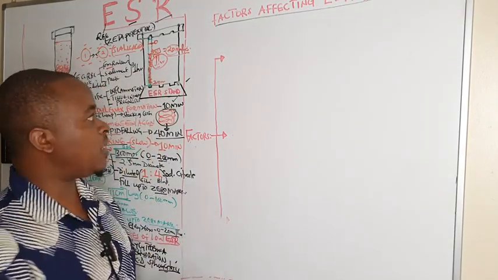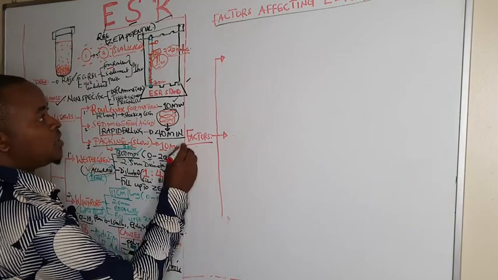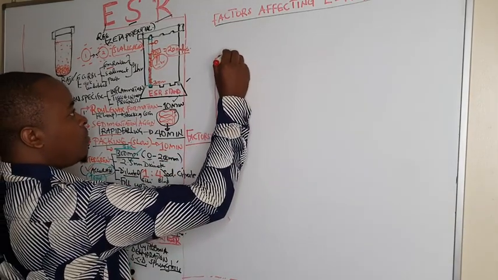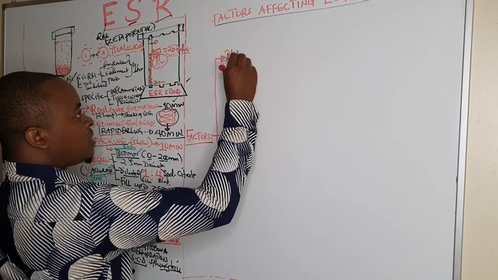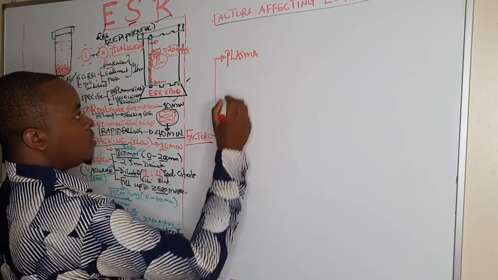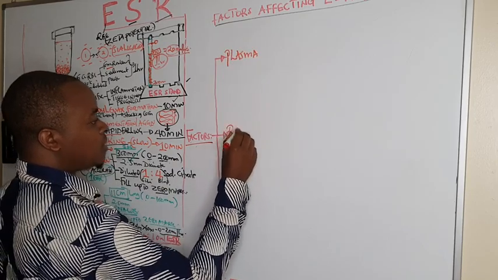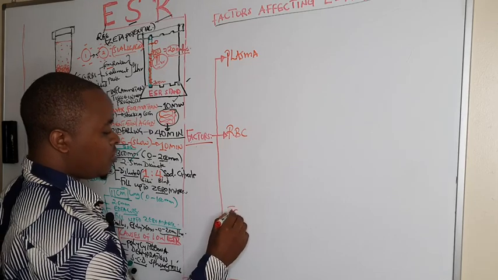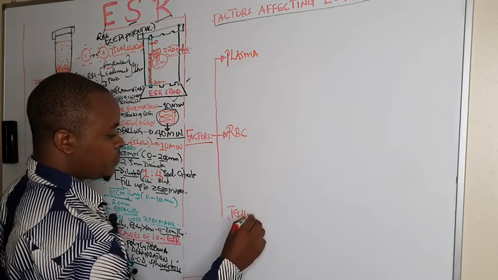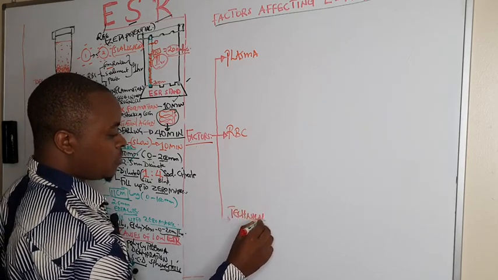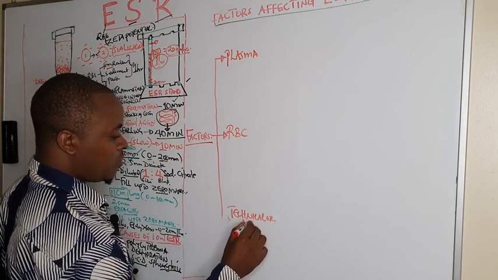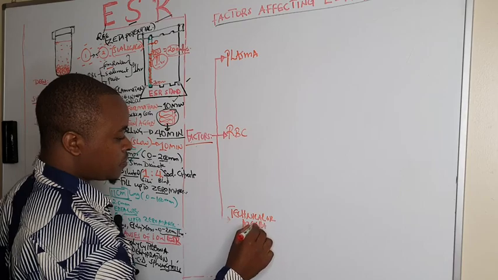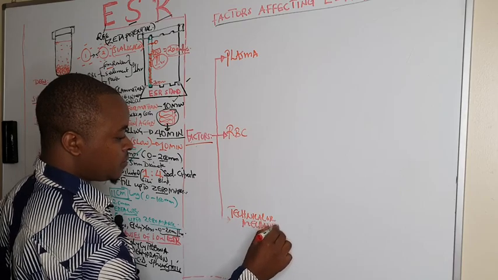One of the categories here is plasma factors. We are going to have plasma factors, we shall have red blood cell factors, and we shall end up with technical factors. You can call them technical or mechanical factors.